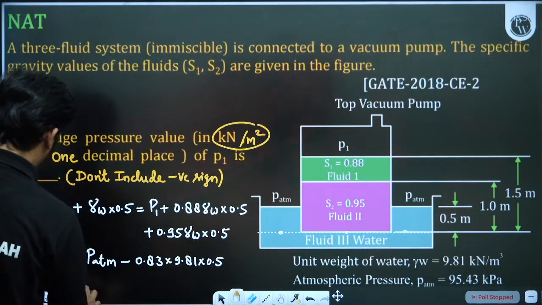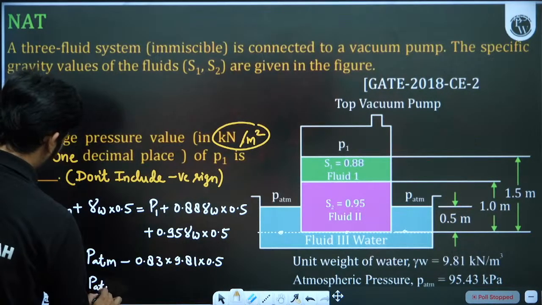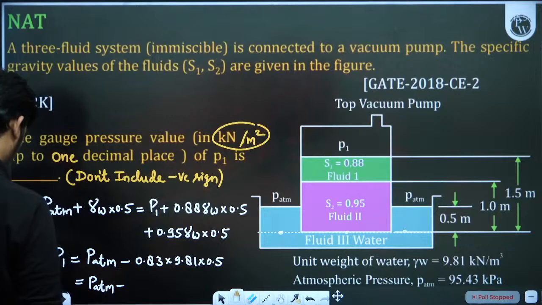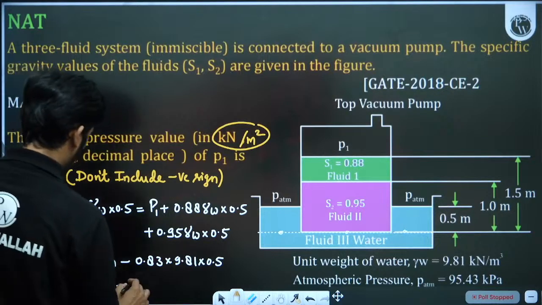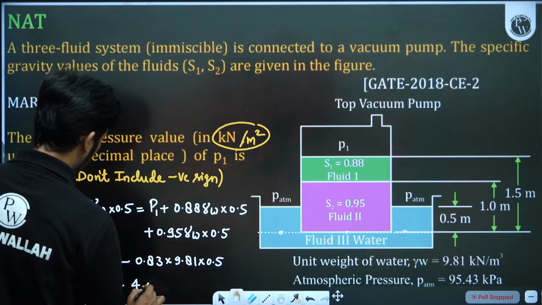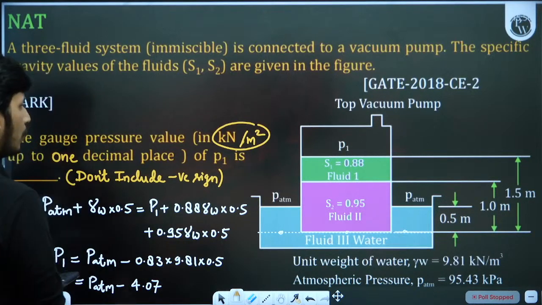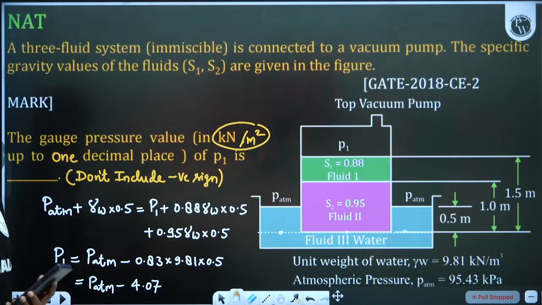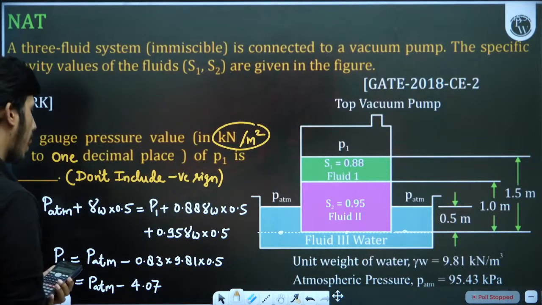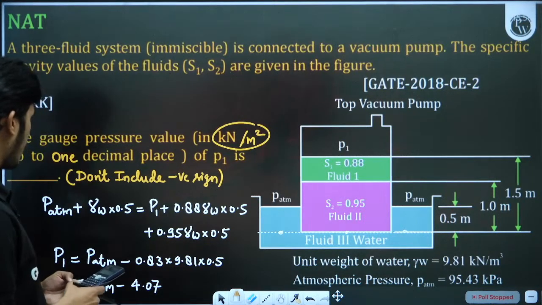So it will be PATM minus 4.07. It is coming out to be 4.07.